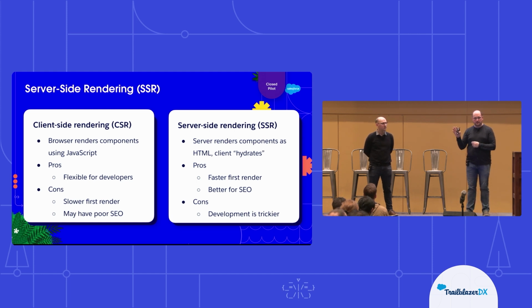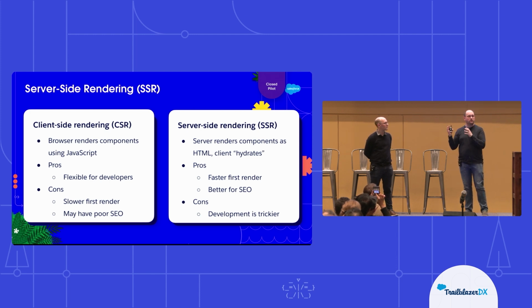In contrast, with server-side rendering, it's more complicated. Initially, there is a server involved, and on that server, your component code may be running. And when it runs and renders, it's not interacting with the DOM because there is no DOM to interact with. You're on a server somewhere. Instead, you are rendering to HTML markup.